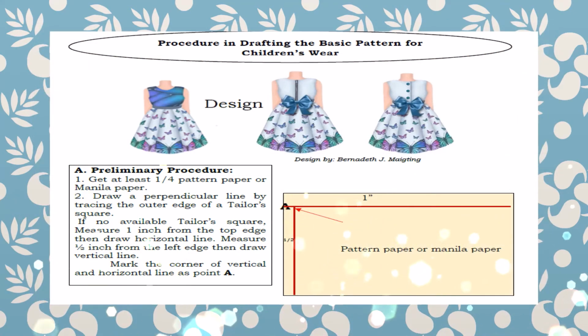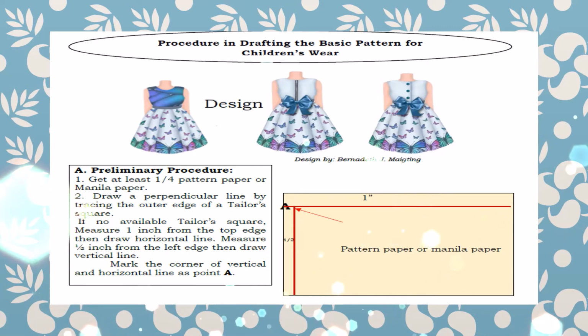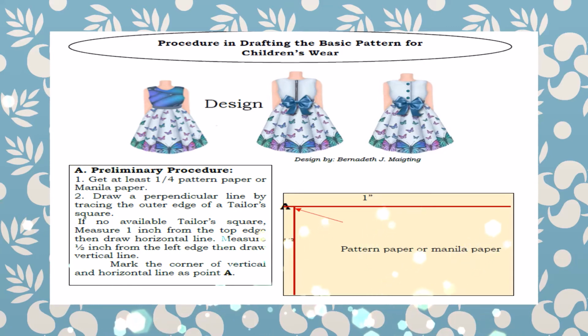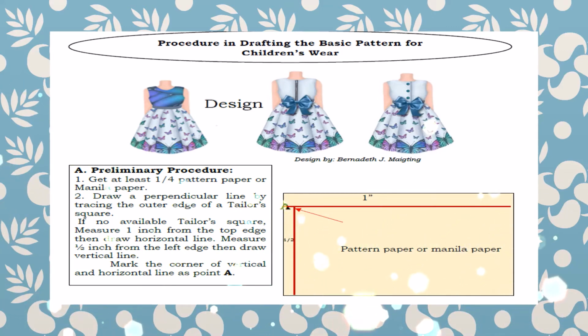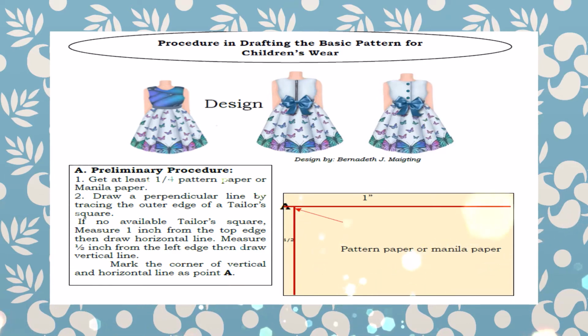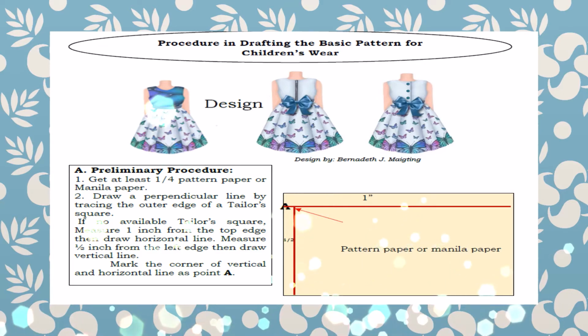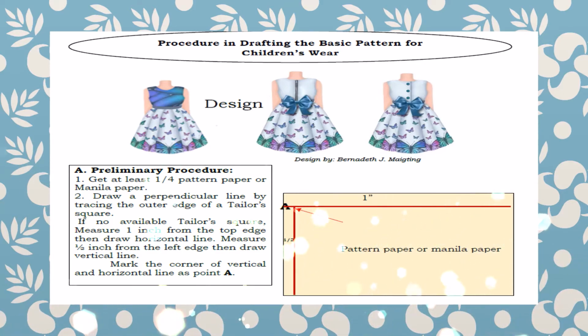These are the procedures in drafting the basic pattern for children's wear. For the preliminary procedure, you have to get at least a 1/4 pattern paper or Manila paper. Second, draw a perpendicular line by tracing the outer edge of a tailor's square.